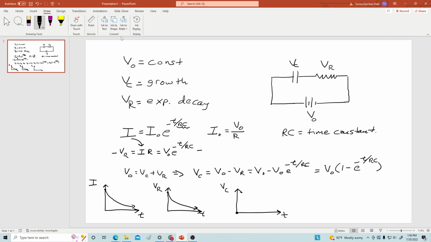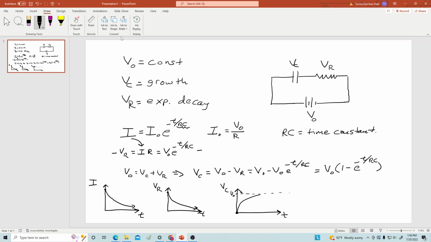So this starts at 0, and then when I let t go to infinity, or a really long time, e to the negative infinity is close to 0. At infinity, it's technically 0. 1 minus 0 is 1. V naught times 1. So at really long times, Vc is a constant value which achieves the value of the battery.